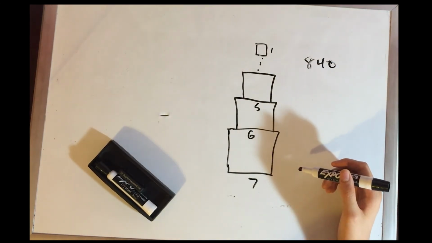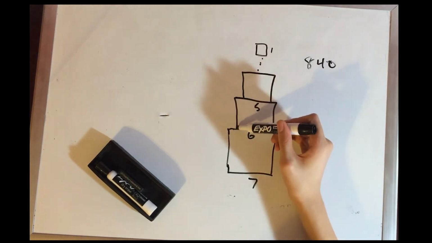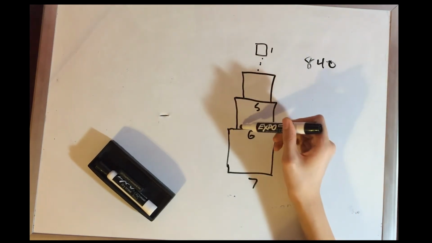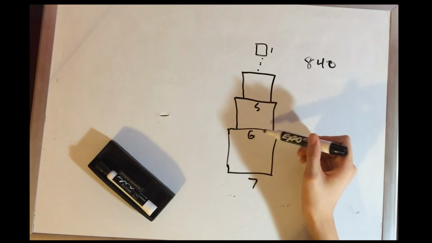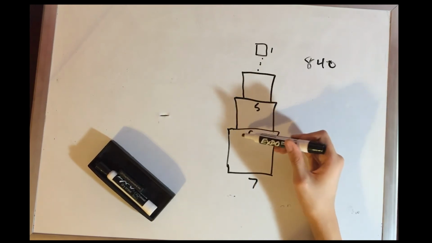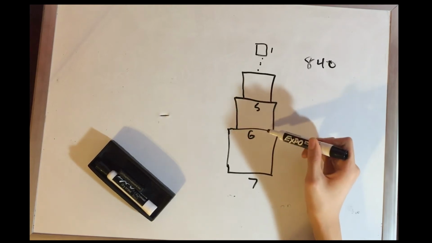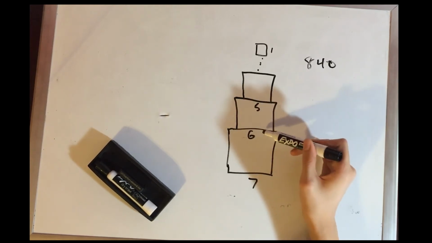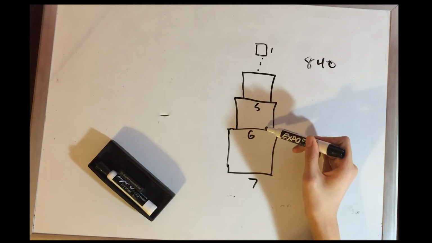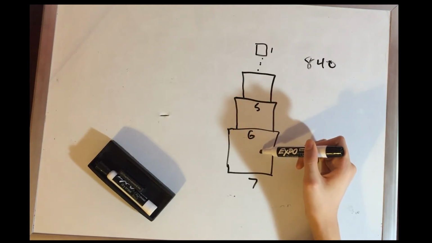So each of these overlapping regions is going to be a square that is a face of the cube above it, because the cube above it is smaller.